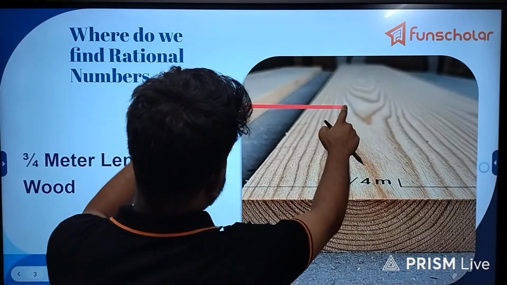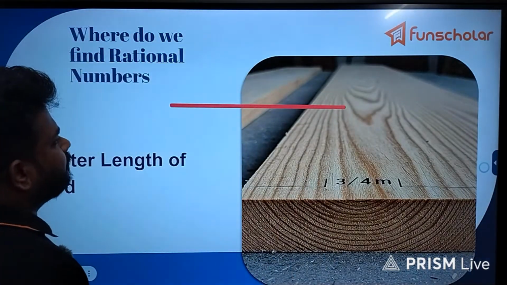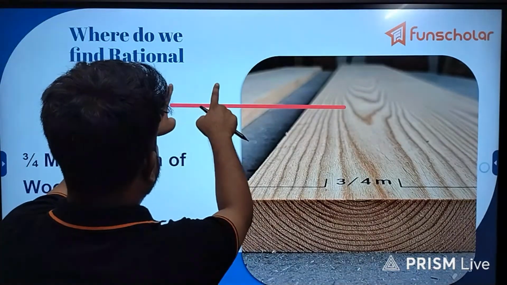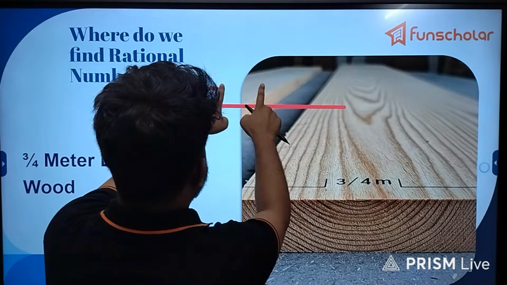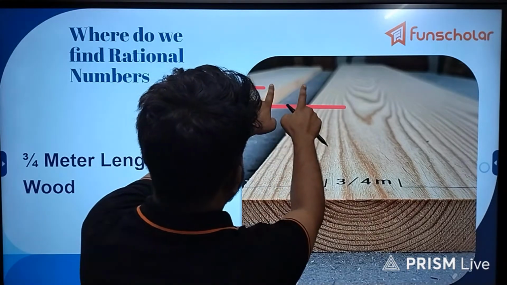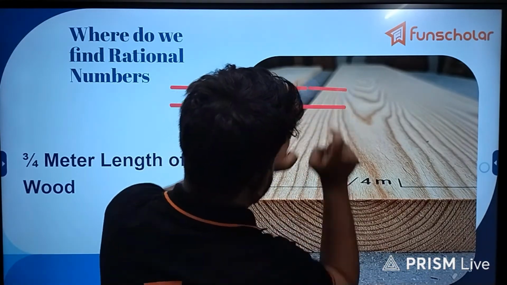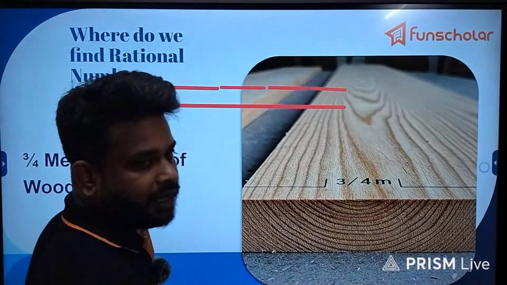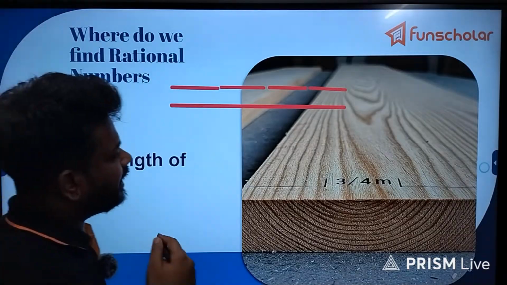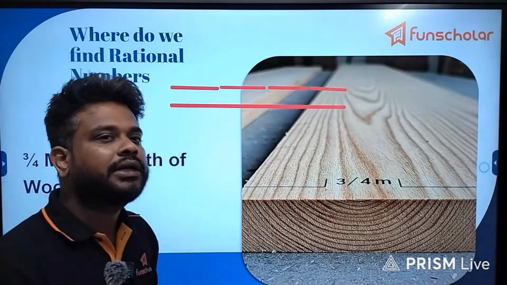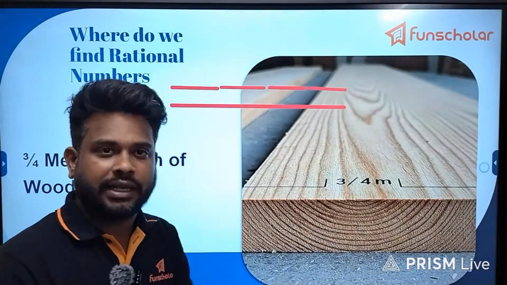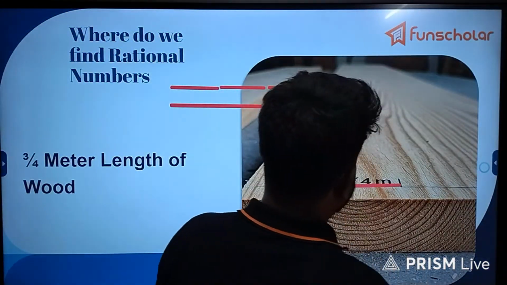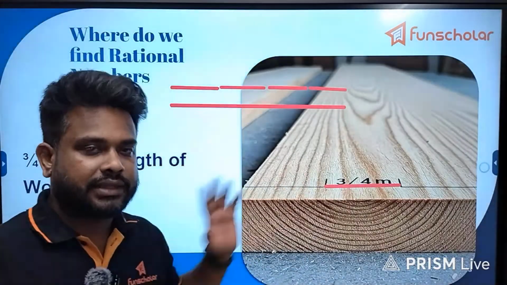If one scale measures like this, and we cut it into 4 parts, one part is this, another is this, another is this, and another is this. If we take 3 of them, we get 3/4 meter of the whole scale, and that will measure this equal distance.